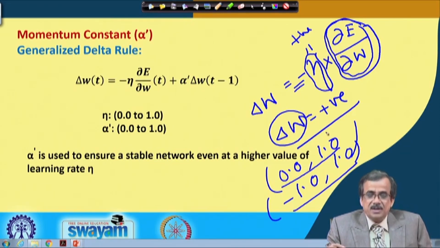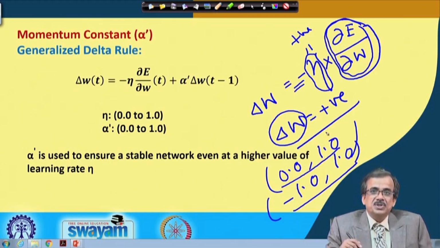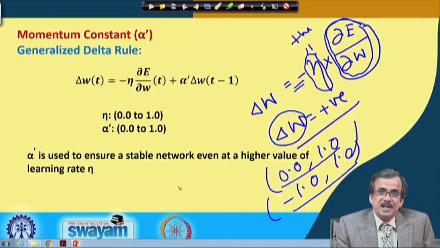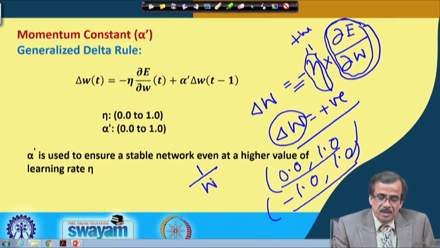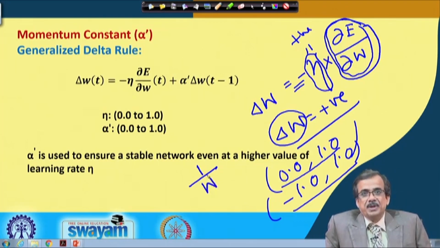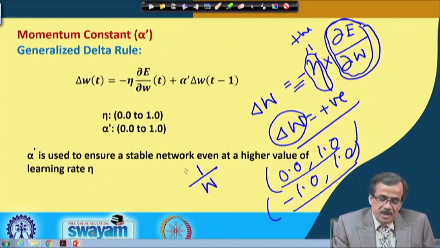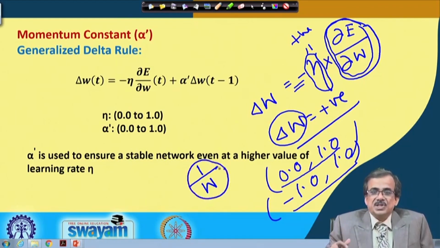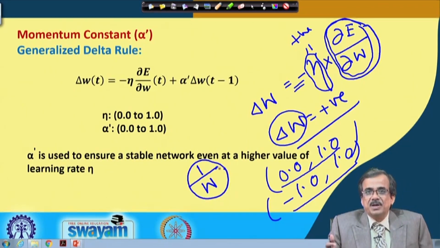Now, supposing that W is found to be greater than 1, in that case we will have to use some correction, and that correction is something like this. If W is found to be greater than 1, I am just going to put 1 divided by W in place of W. Now, 1 divided by W will become less than 1, and once again I can train this network for more iterations.